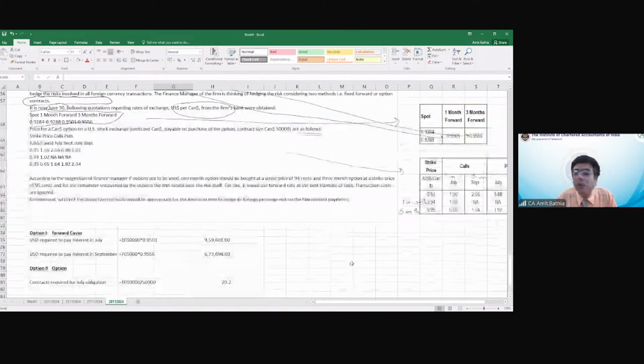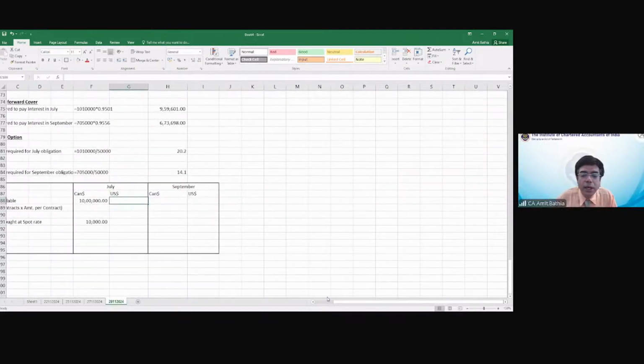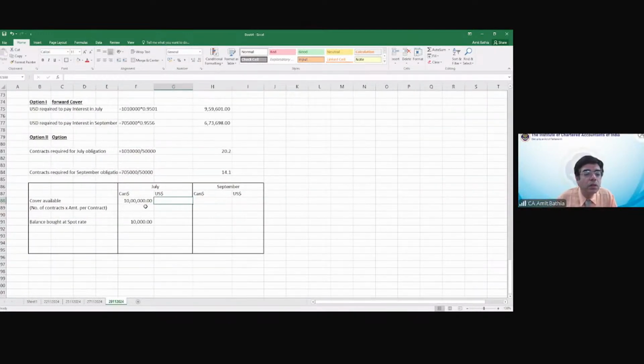What is the strike price? At what price I will be able to buy that? 0.94, right? So I will be buying it at this into 0.94. Are you with me?